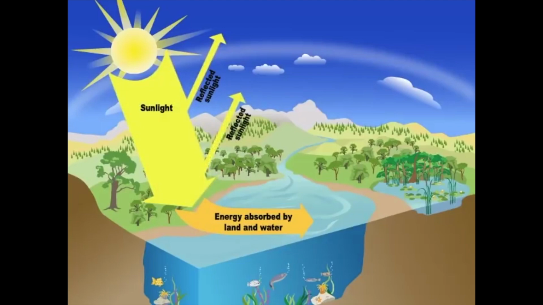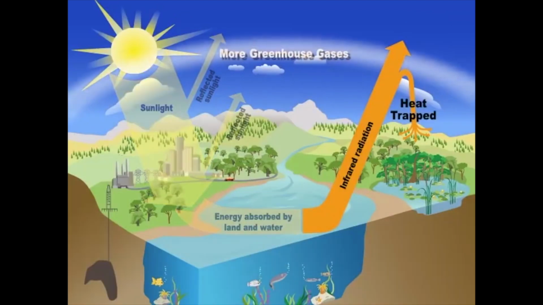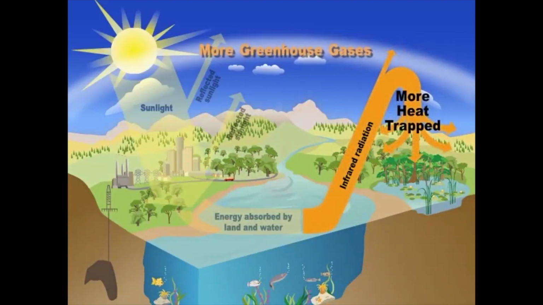The Earth's surface warms up, then gives off energy in a different form, called infrared radiation. This energy travels back towards outer space. Greenhouse gases trap some of this energy in the atmosphere before it can escape, making the Earth warmer. You guessed it! Extra greenhouse gases trap more heat, which makes the whole planet warmer.